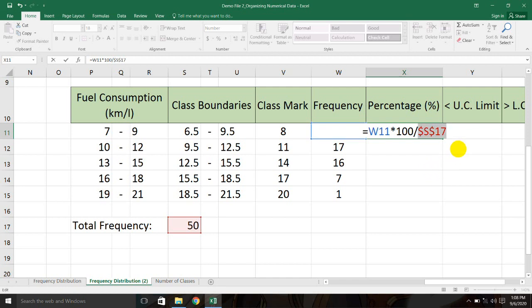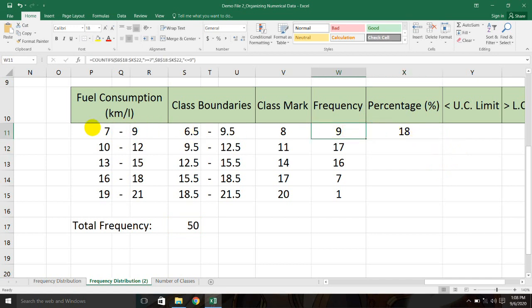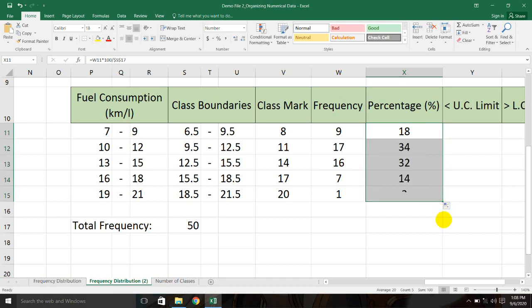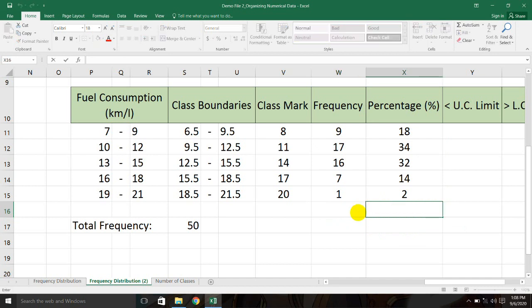Pressing enter, we have this percentage for the first class limit 7 to 9 with the frequency of 9 and a percentage of 18. Now, dragging this, we have the percentage of each class limit. To check, you can use the sum formula, then adding this should give you 100. So for now, it's correct, right?